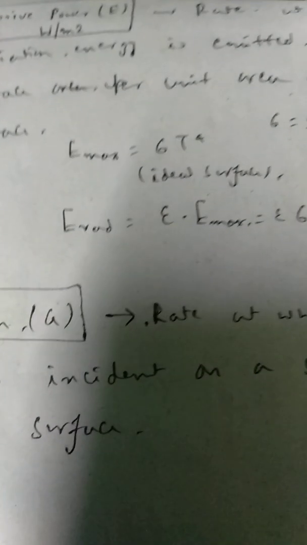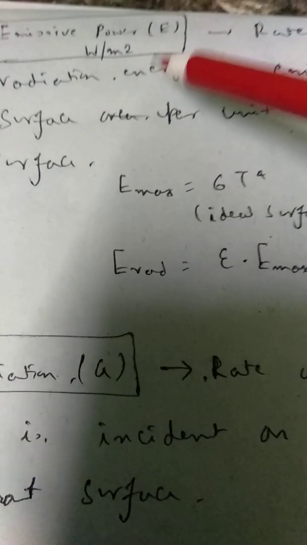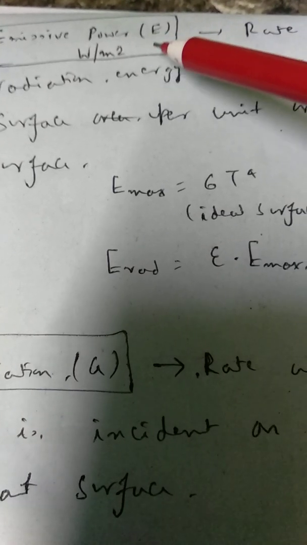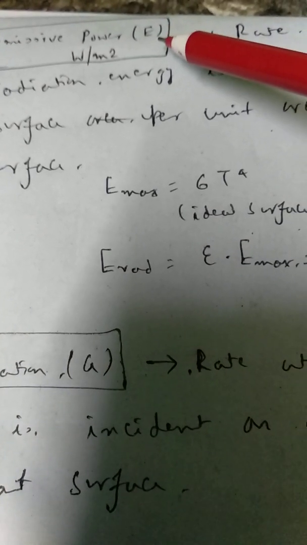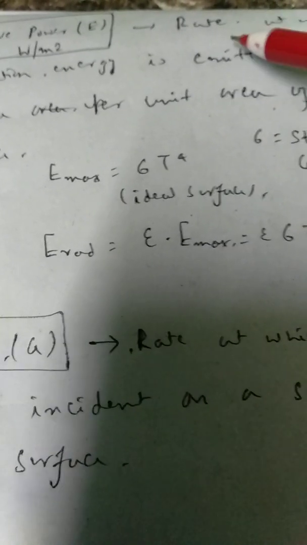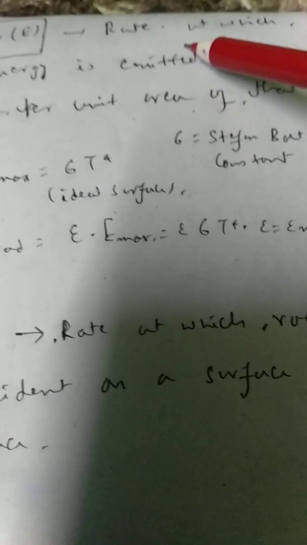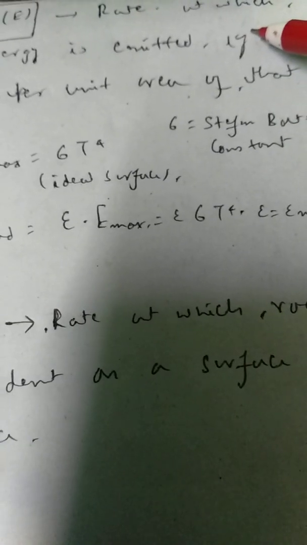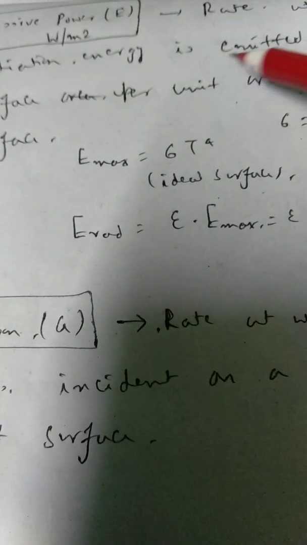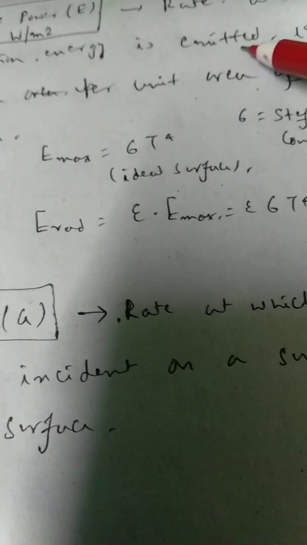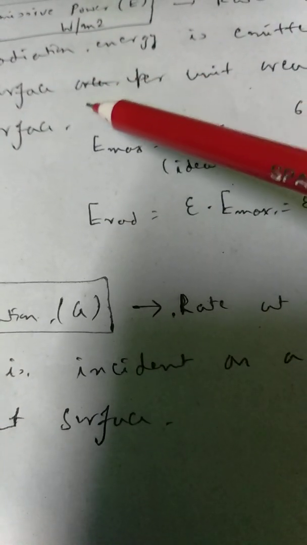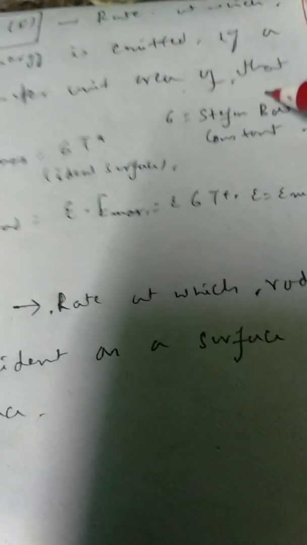The first radiative flux we will study is the emissive power, denoted by capital E. Briefly, the definition is that emissive power is the rate at which radiation energy is emitted by a surface per unit area of that surface.